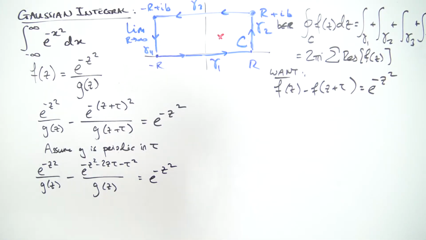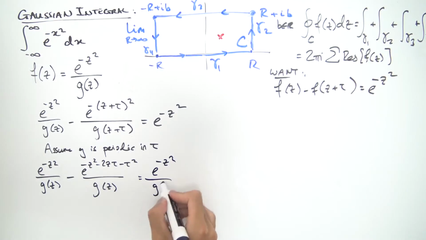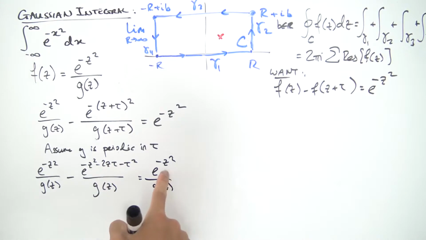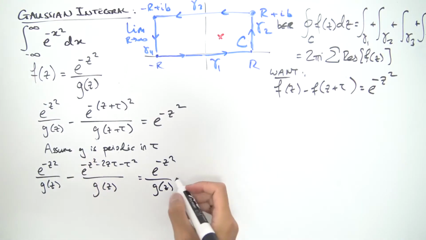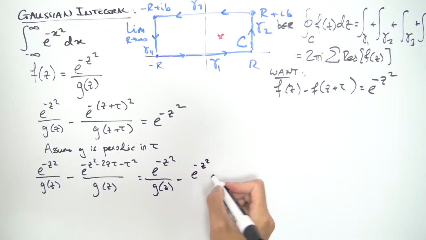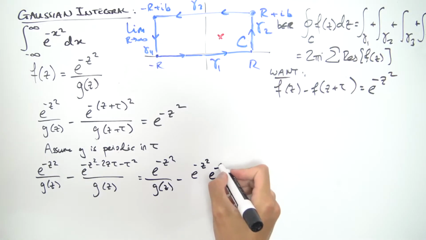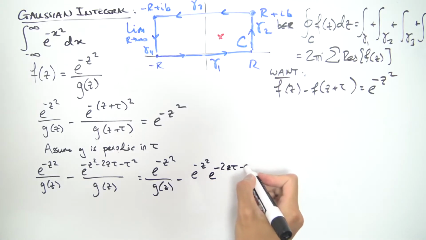And notice on the left hand side, we can rewrite this a little bit again. This is equal to e to the minus z squared over g of z. And what I'm going to do to the second term, I'm going to split it up a little bit. Notice we have an e to the minus z squared that's kind of isolated a little bit over here as well. So this is going to be e to the minus z squared. And then using some exponential properties, we also have the multiplication by e to the minus 2z tau minus tau squared.